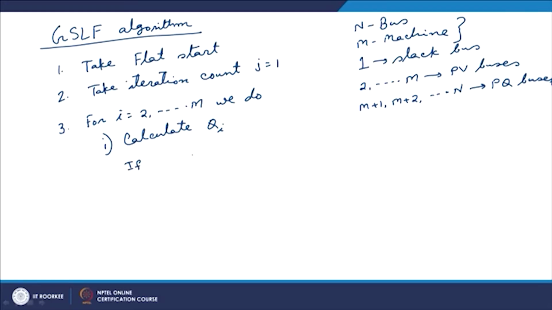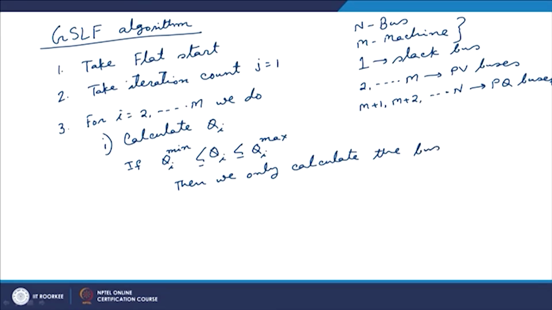If Qi is within the limit, Qi min to Qi max, then we only calculate the bus voltage angle, keeping Vi equal to Vi specified.